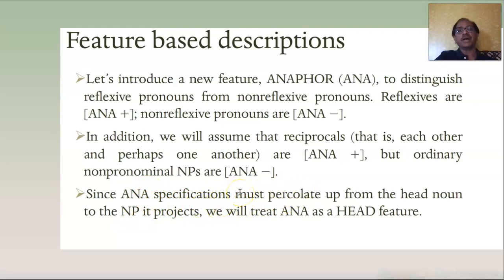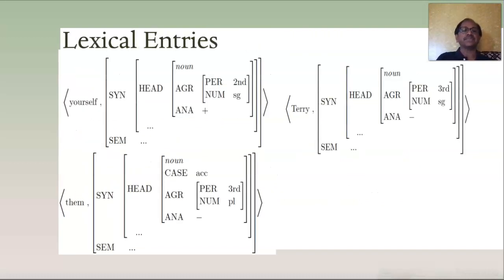Only through a principle we know, the head feature principle. So we'll say the ANA feature should be part of the head feature. Only then can the ANA specification percolate up from the head noun to NP. Right? So with this description, let's see the lexical entries.